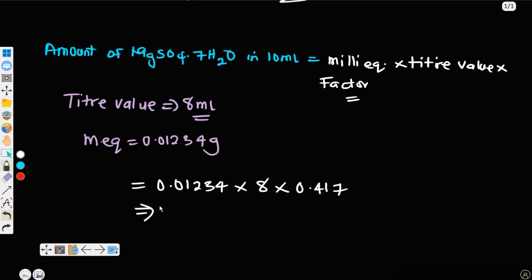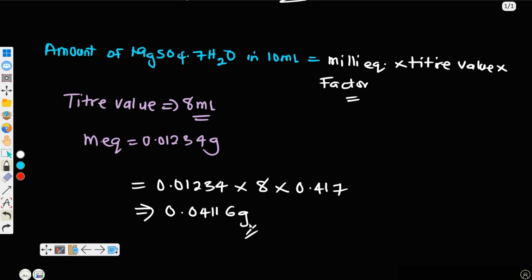So at the end of the day, what you are going to get will be equal to 0.01234 times 8 times 0.417, all right, which is equal to 0.04116 gram. So this is the amount in that 10 mil. Is that okay?